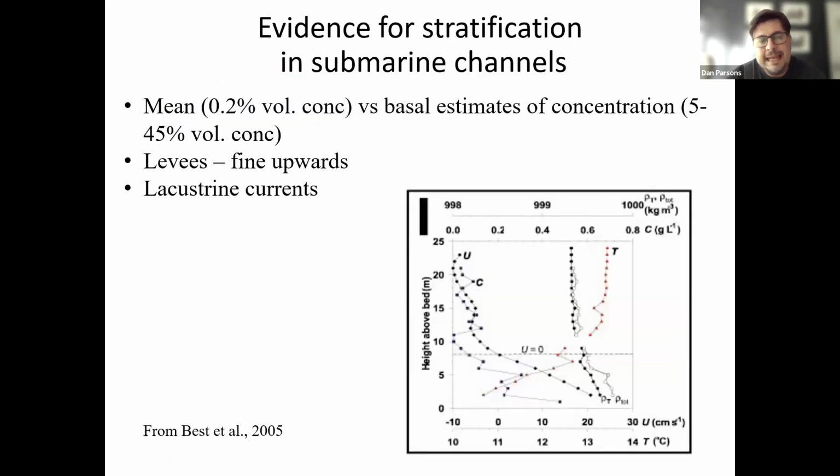And of course, one of the key differences between terrestrial rivers and submarine channels in terms of flow processes is the way in which they are driven in terms of their basic physics.